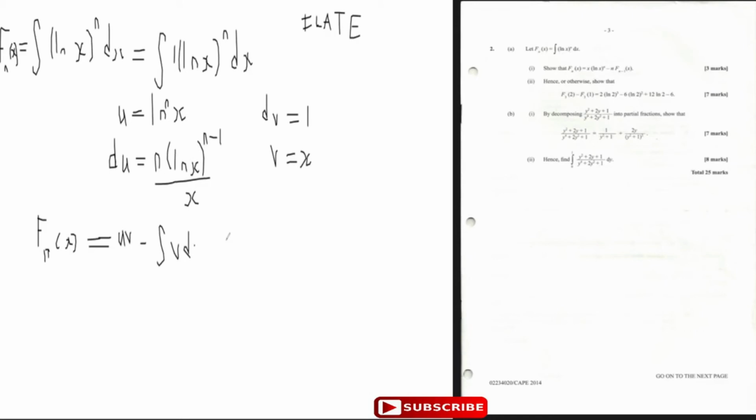So it's going to be equal to u times v, that's x ln x raised to the n, minus the integral of v du. Now x times this, the x is going to cancel each other, and then I'm going to factor out the n to have the integral of ln x to the n minus 1 dx.